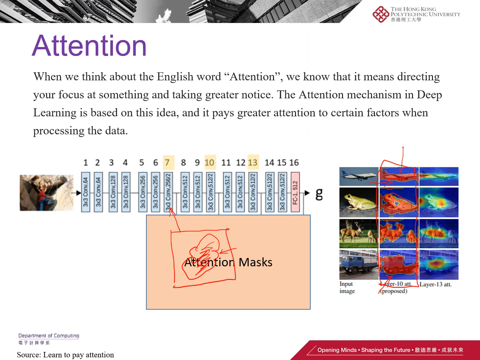And this is actually quite straightforward. However, it's not easy if we have to define this mask by ourselves. But fortunately, because we have backpropagation, we can have the neural network figure this out automatically, because those are just weights.